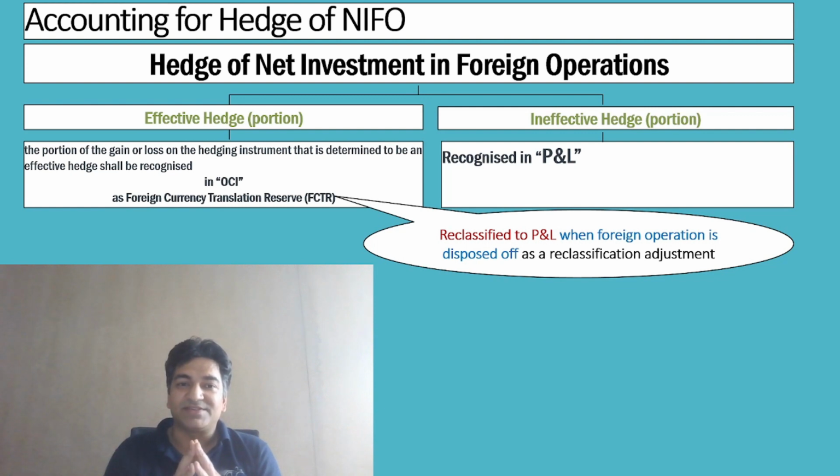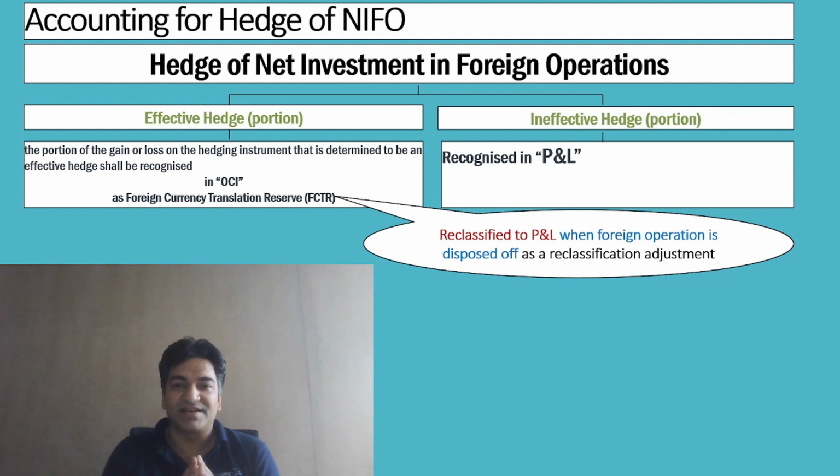The same is the case with hedge of net investment in foreign operations. To the extent these are effective, they will be recognized in other comprehensive income and reclassified to profit and loss when the foreign operation is disposed of, and this will be considered a reclassification adjustment. The ineffective portion will be recognized in profit and loss.